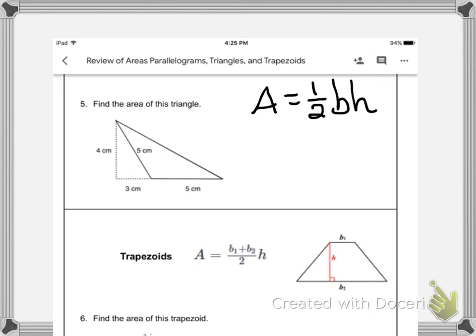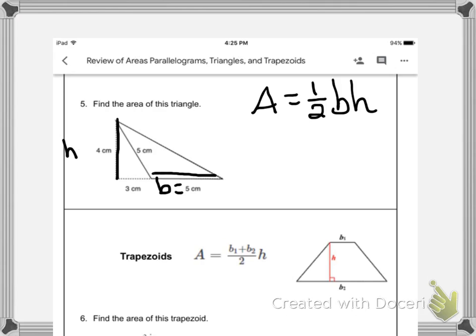Don't get confused. We know that our base is going to be 5 centimeters because that's this line of the triangle. Then we want to identify the height. That is how tall the triangle is.